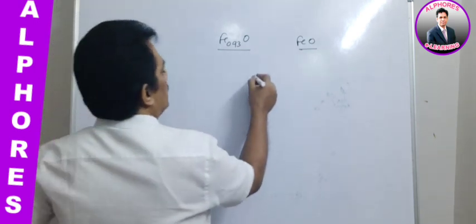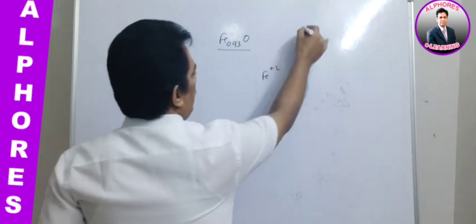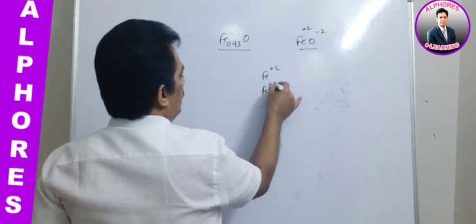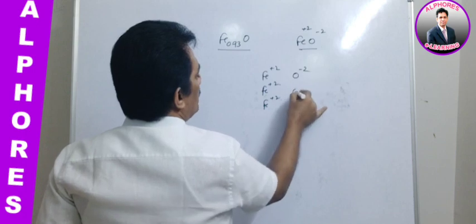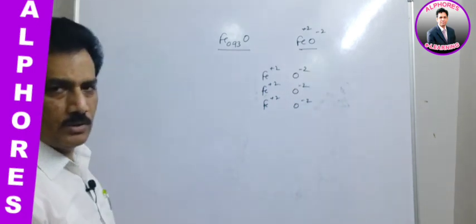Say for example, iron in +2 state, actually it is ferrous oxide, Fe+2 and O-2, and the Fe+2 ions compensate the charge on the oxygen atoms in a 1:1 ratio, is it not?